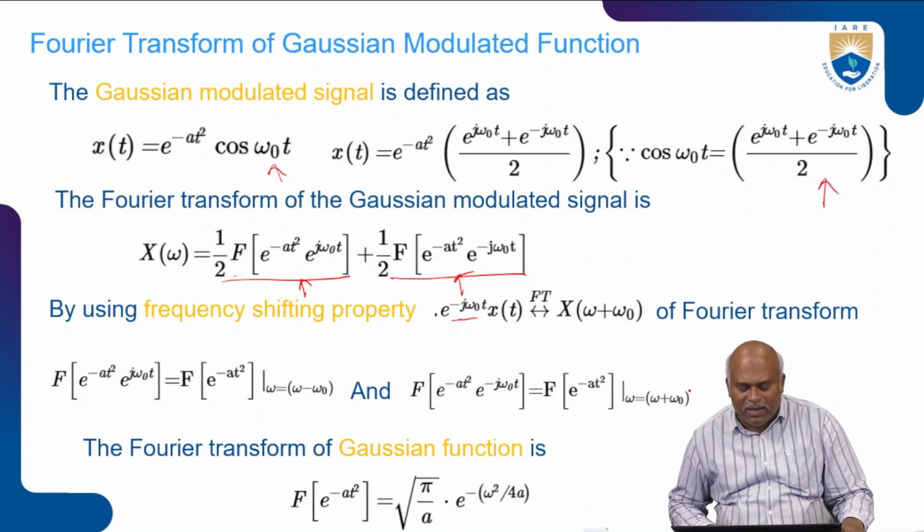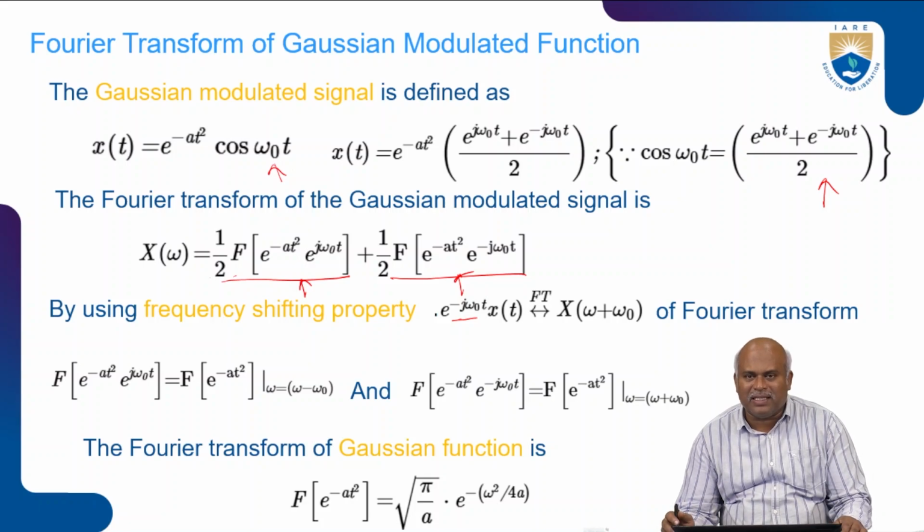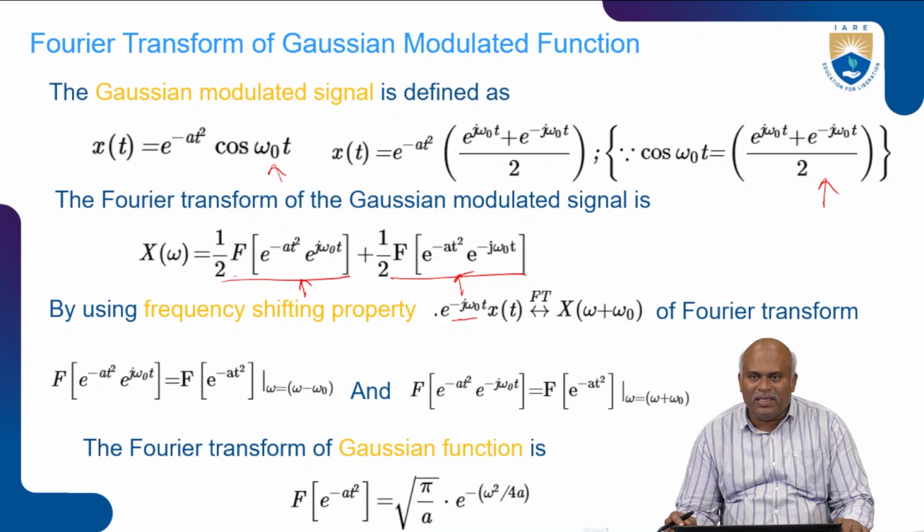The Fourier transform of the Gaussian function is represented as F of e power minus a t square equal to root of pi by a, e power minus omega square by 4a.